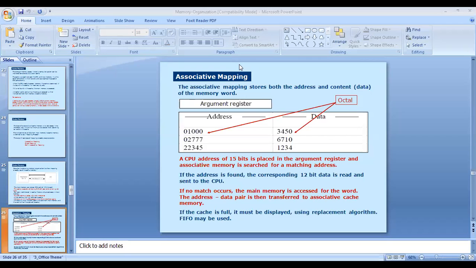Sir, I guess your slide didn't change. It is still associative mapping only. Are you able to see the screen, direct mapping? No, sir, it is still associative mapping. Yes, sir. Wait.